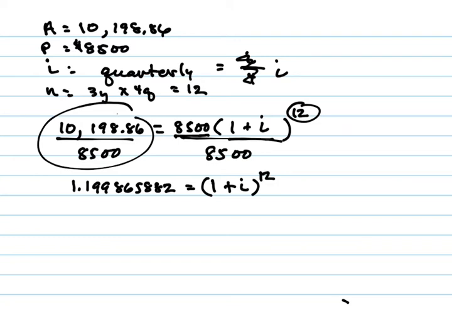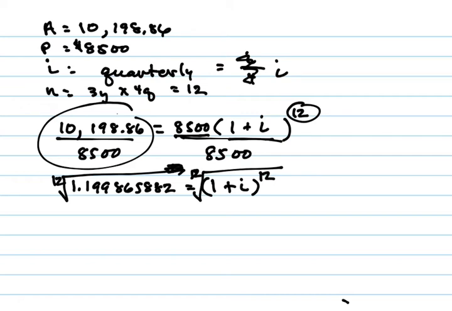And the bracket is raised to a power. So I'm going to have to, what's the opposite of raising something to an exponent, an index? A root. Right? So what we'll do is take the 12th root of both sides. The 12th root of both sides.